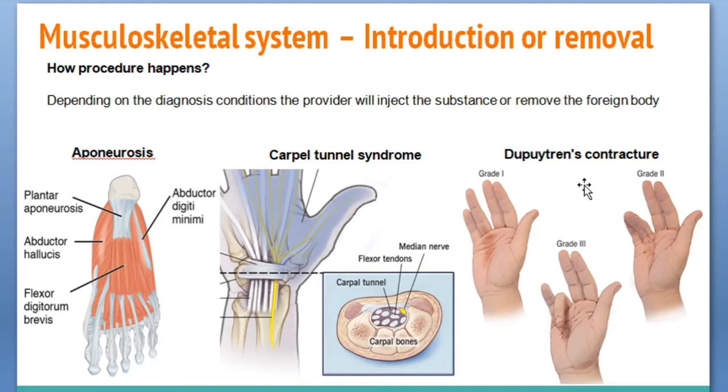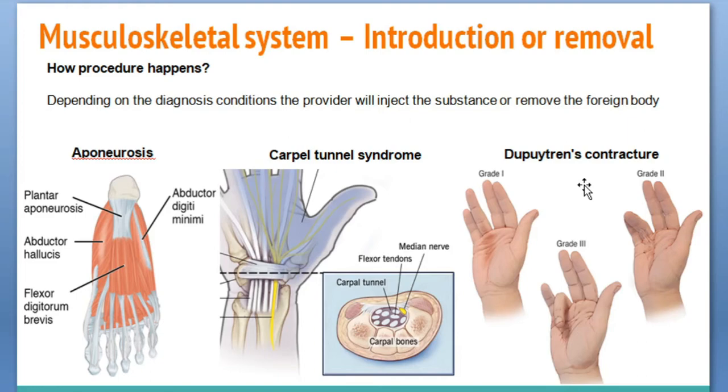Depending on the diagnosis, the provider will inject a substance like a corticosteroid, anesthetic agents, or anti-inflammatory drugs, depending on the pain or inflammation or any other similar related conditions. And the physician will remove foreign bodies like nails, thorns, bullets, and any wood particles or metal.